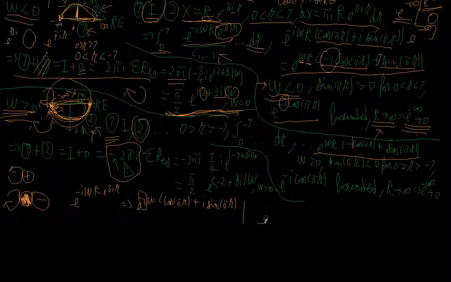You will get e to the omega r, I forgot my r, times minus i cosine pi t plus minus i times sine pi t. Okay, so this is minus i squared, minus i times i, and minus i squared is minus 1, so plus 1. So this will give us just a 1.